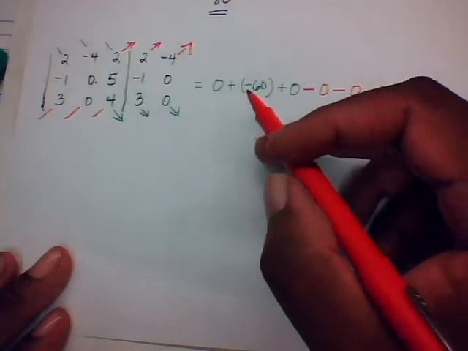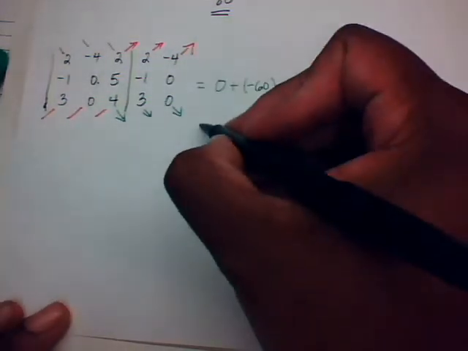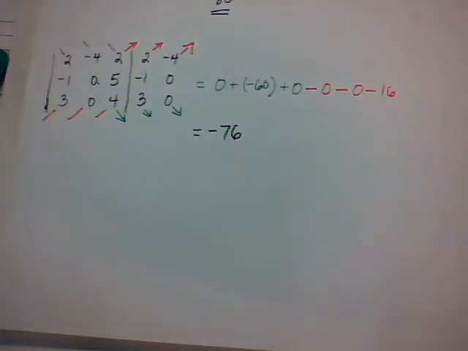And then we're going to simplify this. All we got is -60 minus 16. That's -76. So the determinant of this 3 by 3 matrix is -76.